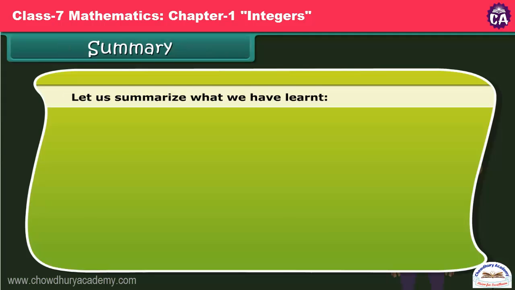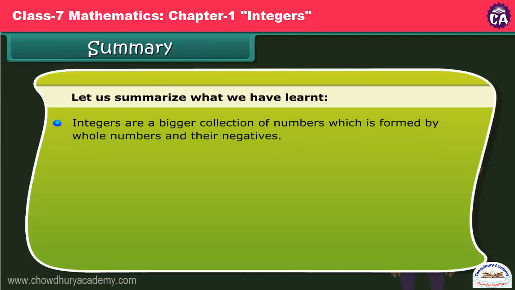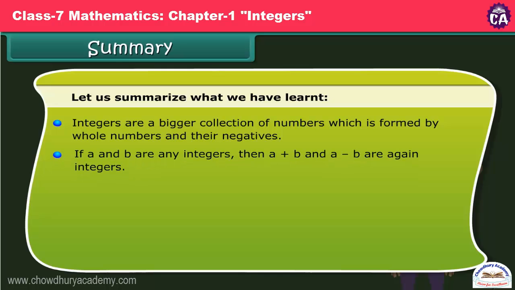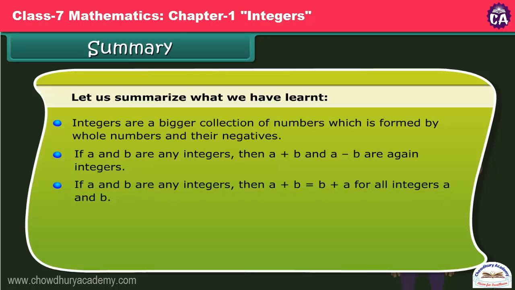Let us summarize what we have learned. Integers are a bigger collection of numbers which is formed by whole numbers and their negatives. If a and b are any integers, then a plus b and a minus b are again integers. If a and b are any integers, then a plus b is equal to b plus a.